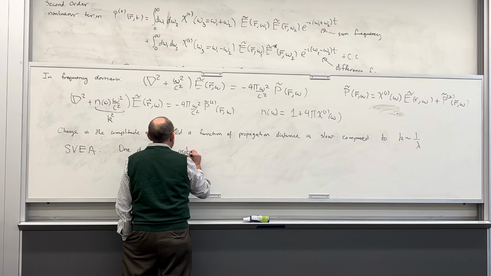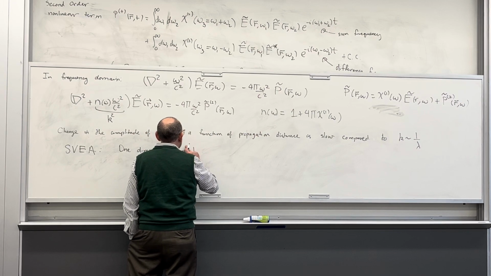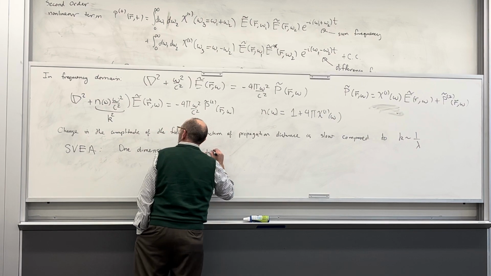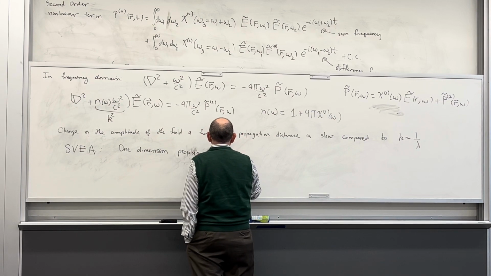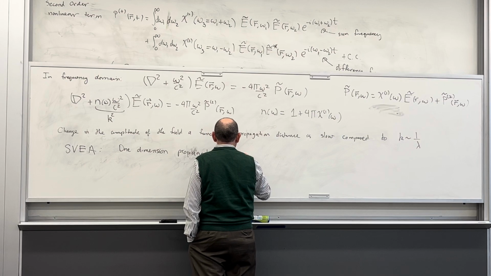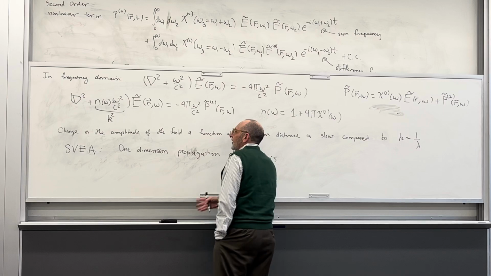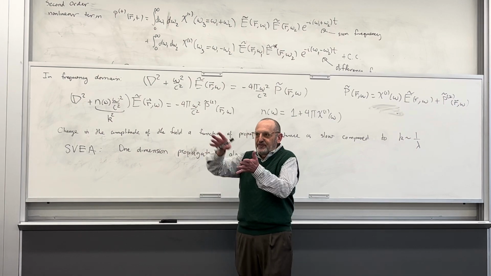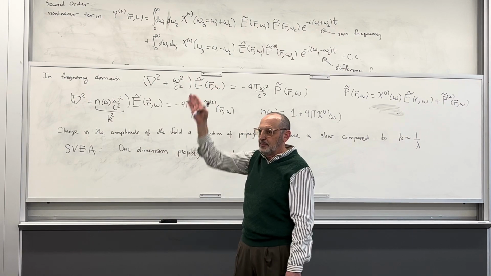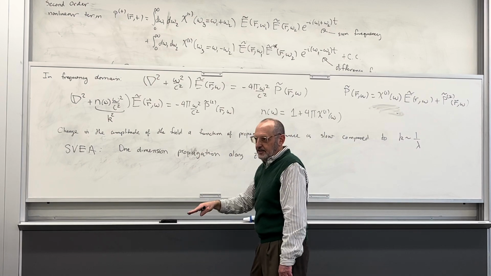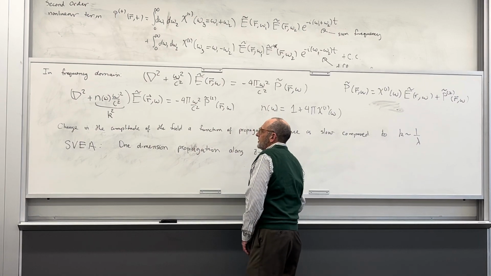So we'll think about this as a kind of, not probability, but propagation, along the z-axis. So we'll forget about the transverse diffraction, and think about it as a plane wave, but along the direction of propagation, there's some radiation.